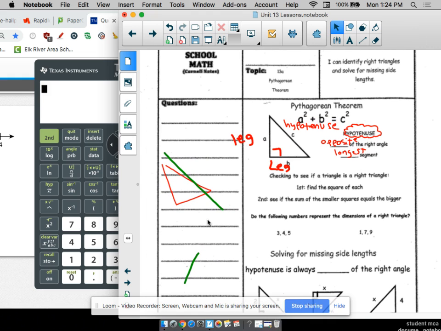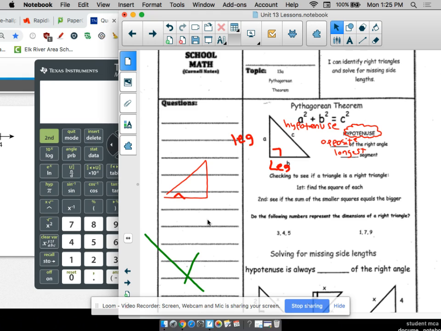Hypotenuse, because your eye should be like, oh, there's my right angle. The hypotenuse is always the longest and opposite of the right angle. Let me do it again. What's this right here? On the bottom, the leg is on the bottom.